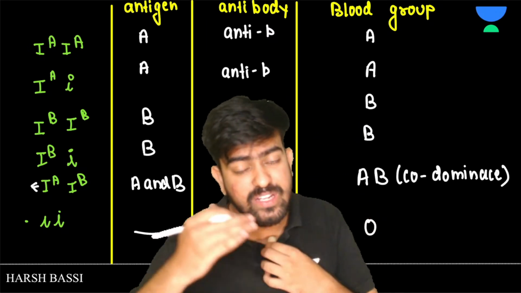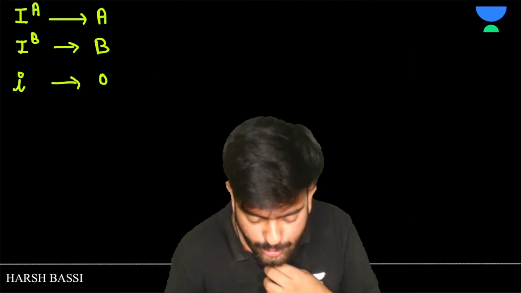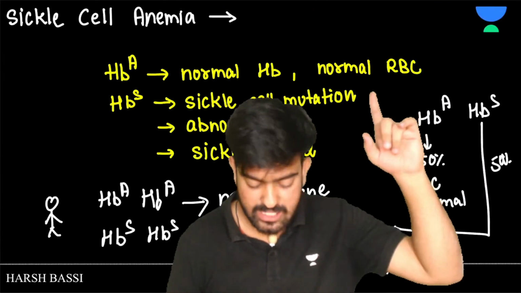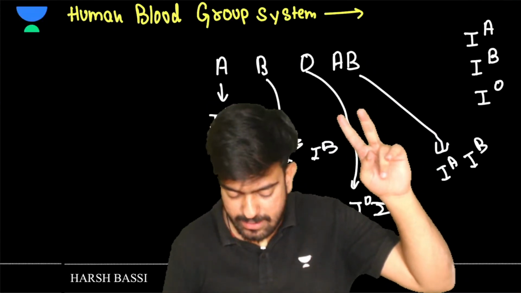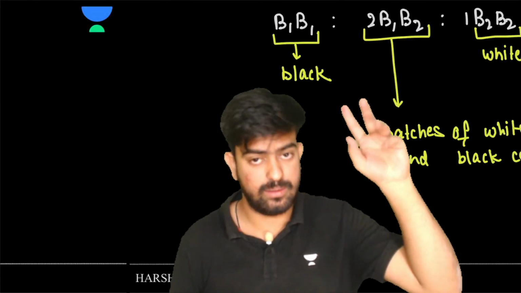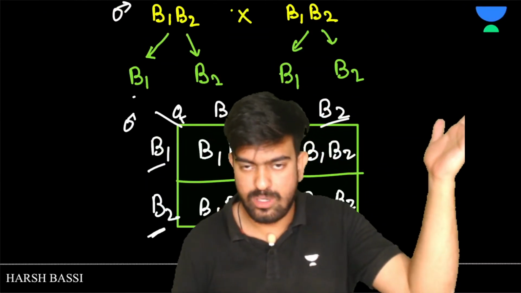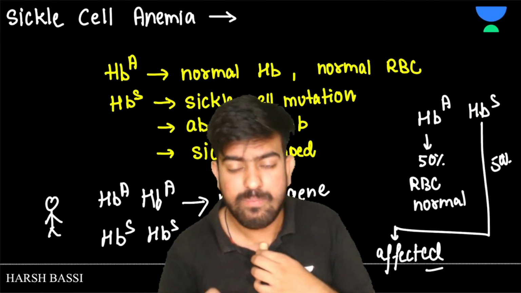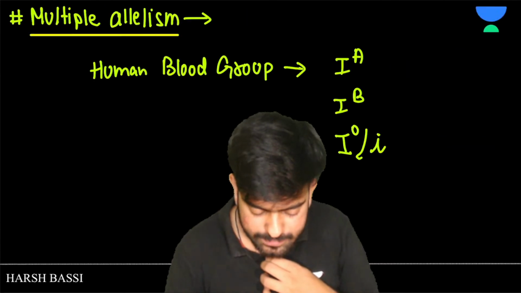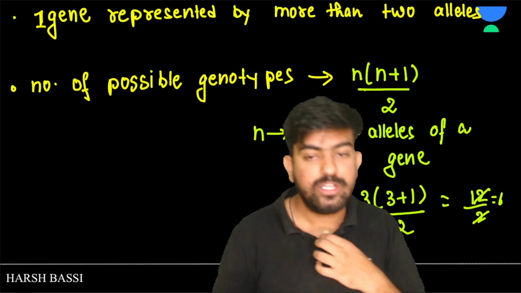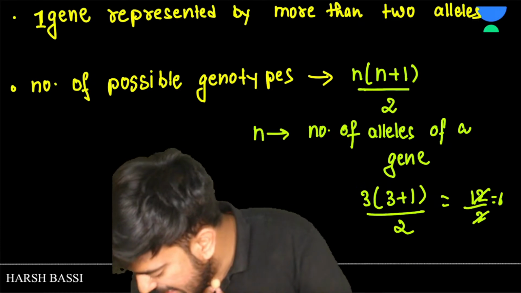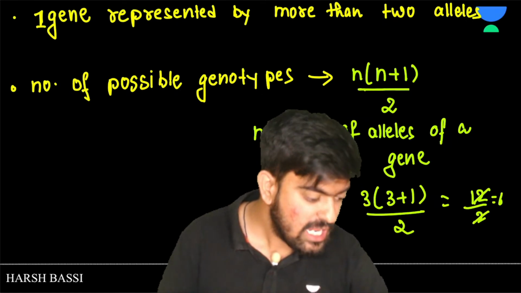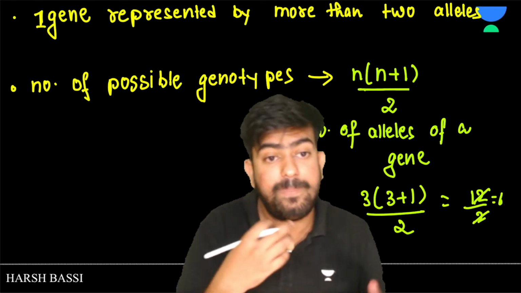Then we came to codominance, where we discussed sickle cell anemia, the human blood groups, and the black and white cow. Then we came to multiple allelism, where we discussed the human blood group system. In the next class, we will start with the RH factor, do blood transfusion, and then start pleiotropy.